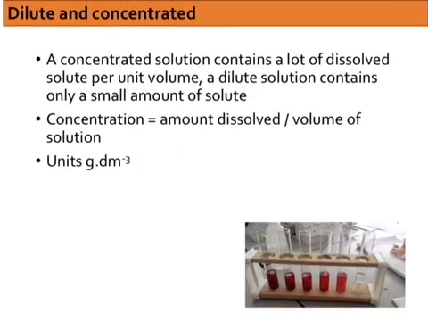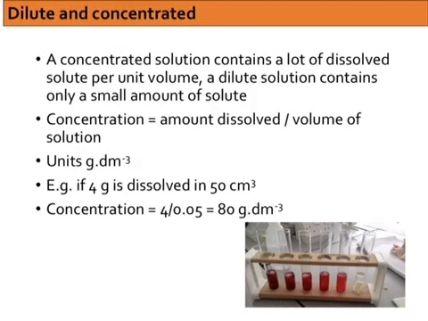As we looked at in another video where we looked at concentration, a concentrated solution contains a lot of dissolved solute per volume. A dilute solution contains only a small amount of solute, so we can also work out the amount of something that is dissolved into the solution. Concentration is the amount dissolved divided by the volume of solution and is in the units of grams per dm cubed.